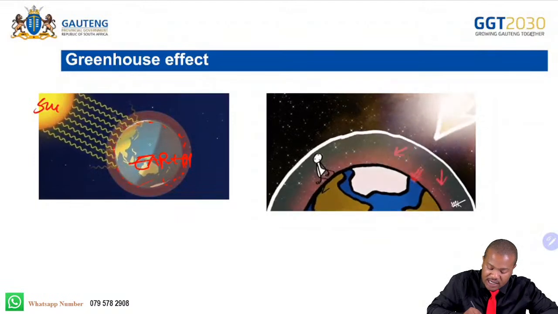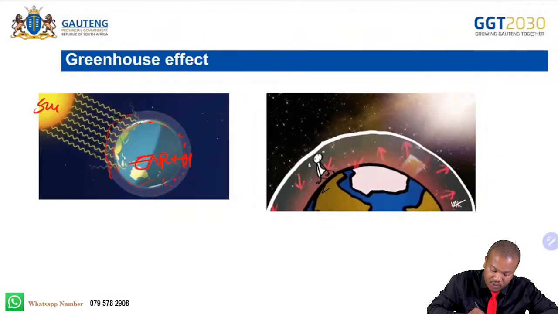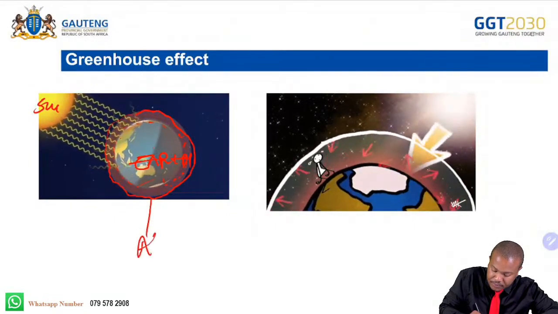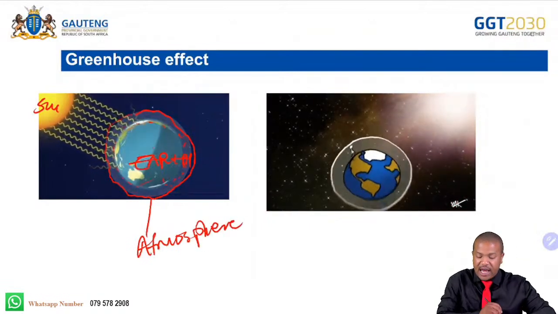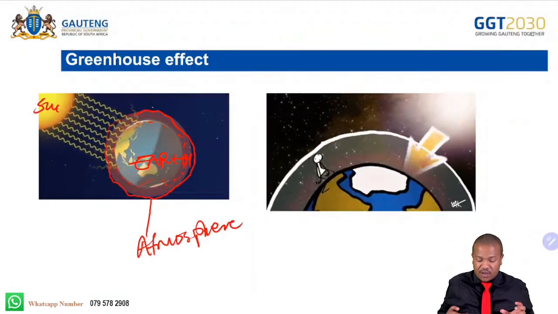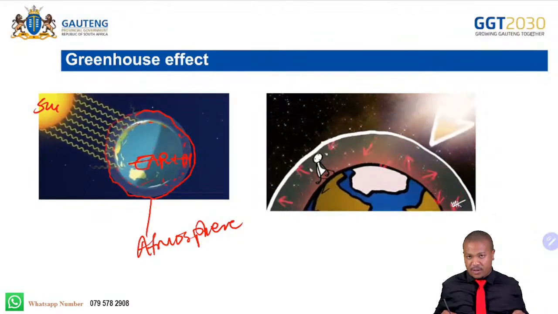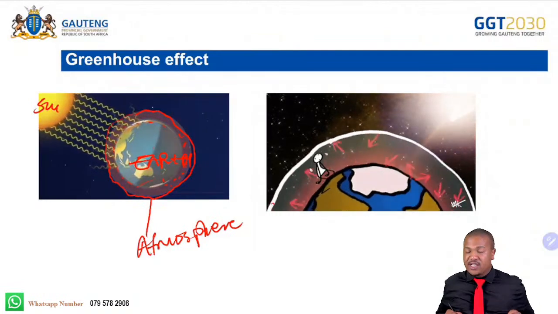Then later on, the energy is radiated back into our atmosphere, right? So this round layer here is our atmosphere. Are we together? Then the energy is trapped inside the atmosphere and we're able to maintain some levels of warmth, right? So this diagram here is much clearer than the first one, right?